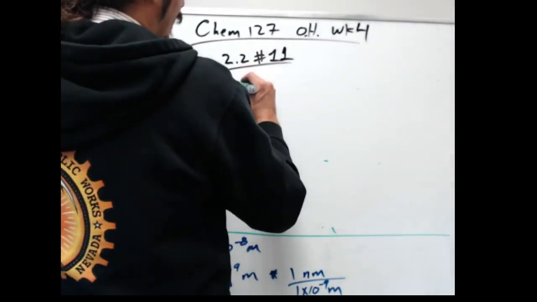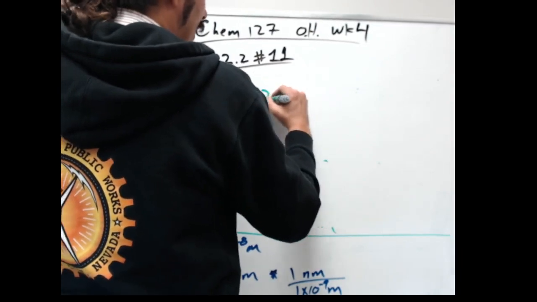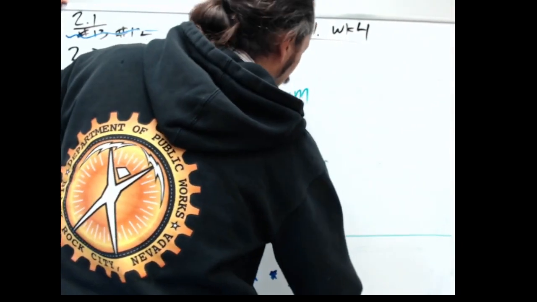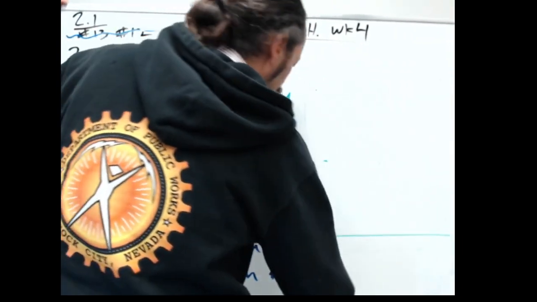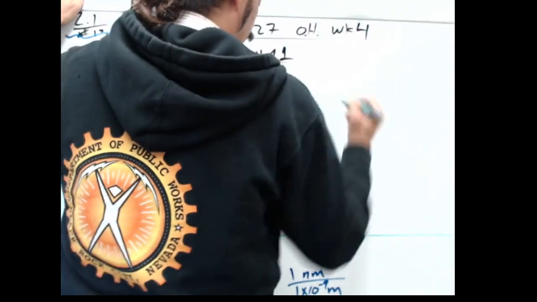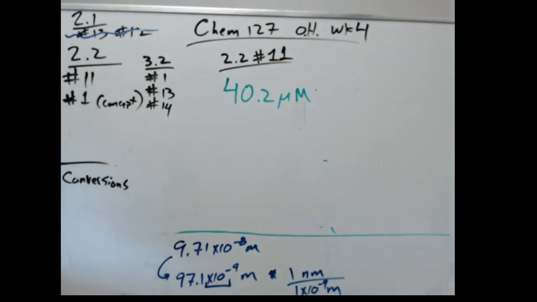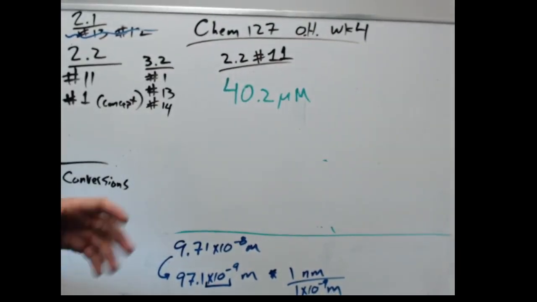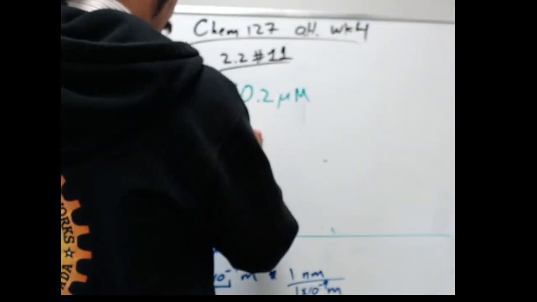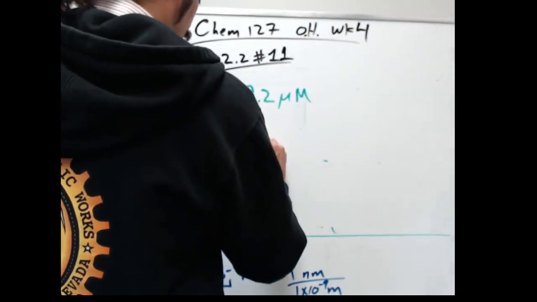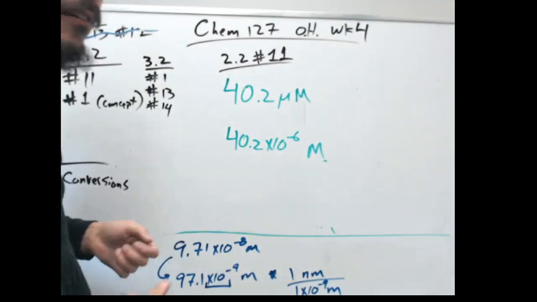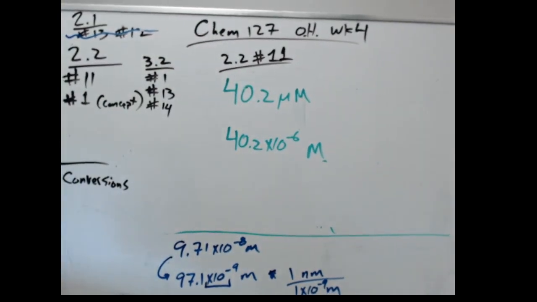So we had something that was like 40.2 micromolarity, capital M. Right, and so you can do the whole conversion of like, oh, micro is 10 to the minus 6, I write my fraction in, blah, blah, blah. I actually just do this. I do 40.2 times 10 to the minus 6 molarity, because that's what micro means.